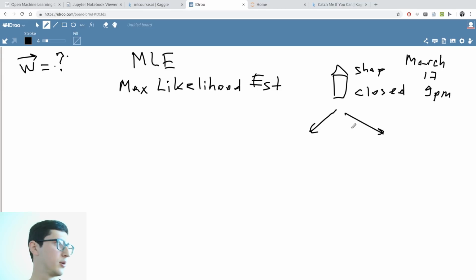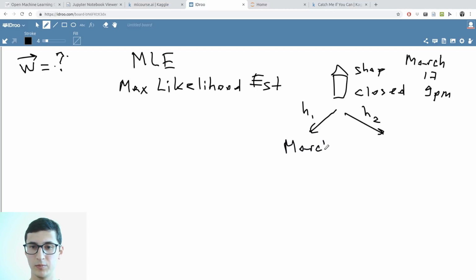Actually, we have infinitely many hypotheses, but let's say that we consider two explanations of why this shop is closed. So hypothesis one will be that the shop is closed once per year, and it's done on March 17, so that on March 17 it's closed every year. And just by chance we were passing by on March 17, and that's why it's closed.